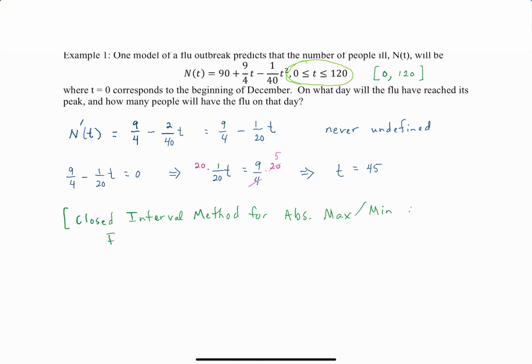When we find critical numbers that are in the closed interval, which we've already done, and 45 was definitely in our closed interval from 0 to 120, then we evaluate the function.